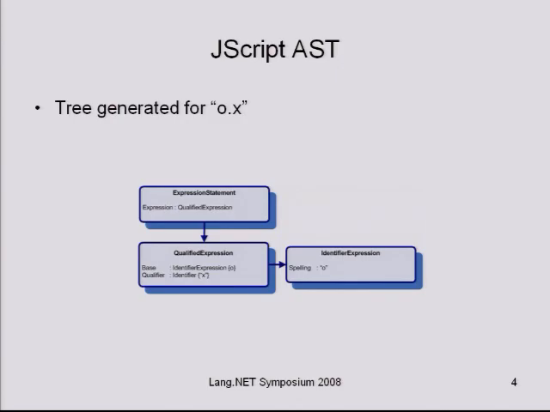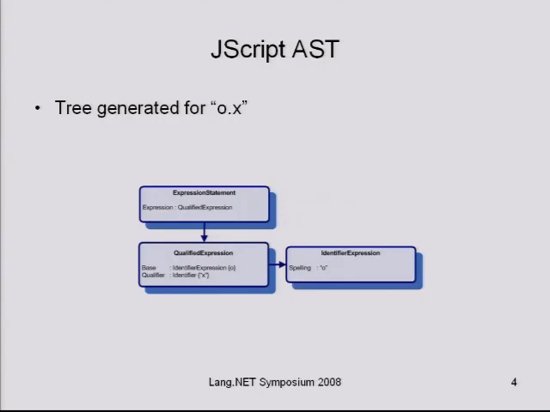All of the interactions between the language engine and the DLR happen in the form of trees, and each of these actions that I was talking about is actually represented as an action expression, and the DLR associates a dynamic site with such action expressions.